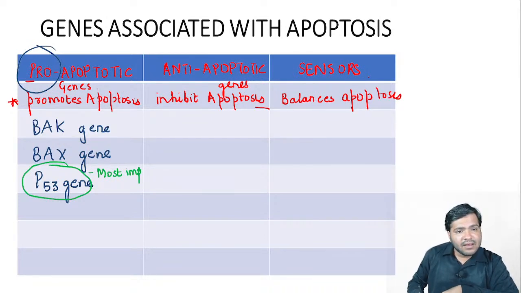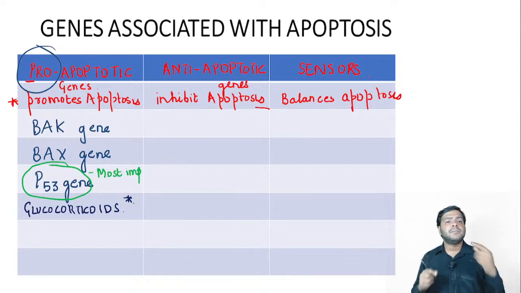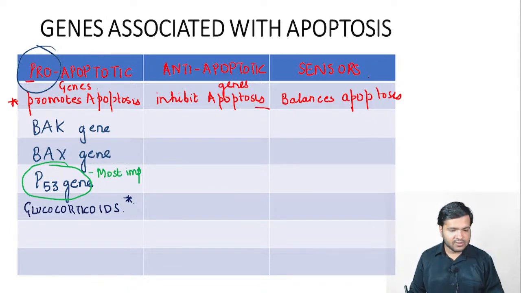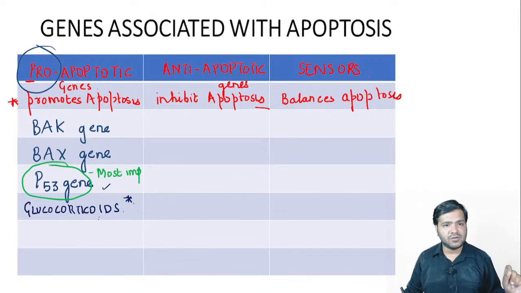Remember, these are glucocorticoids, which are promoting apoptosis. And remember, the most important gene is the P53 gene, and the most important drug over here is the glucocorticoids, which promote apoptosis.